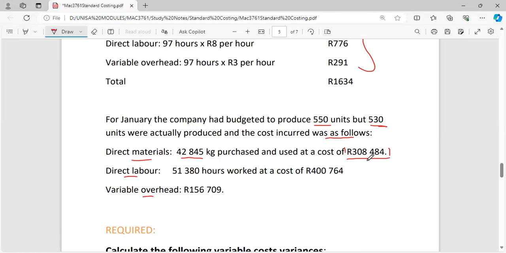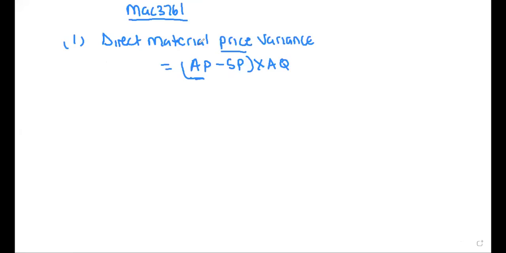Okay, so it's going to be 308,484 divided by the number of kgs, that is 42,845. That's how we can get it. When you are answering your question, you just come here and write that.